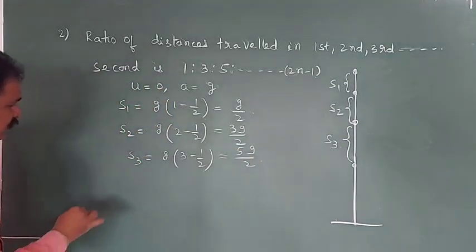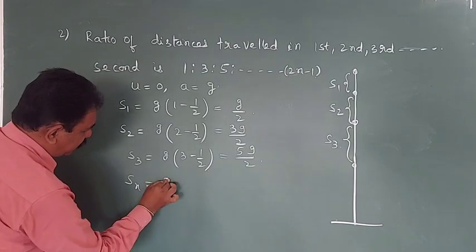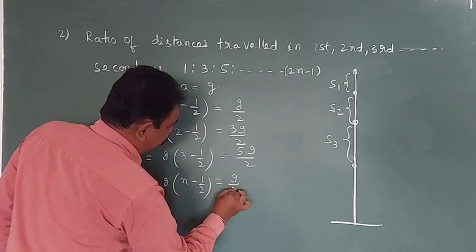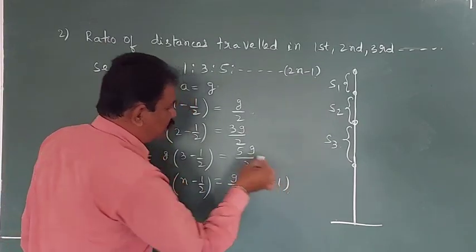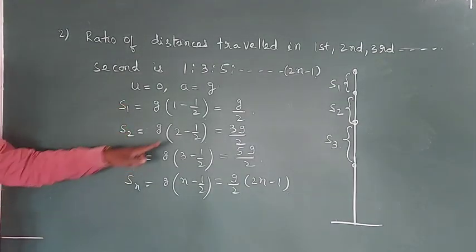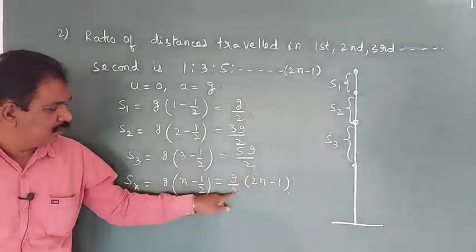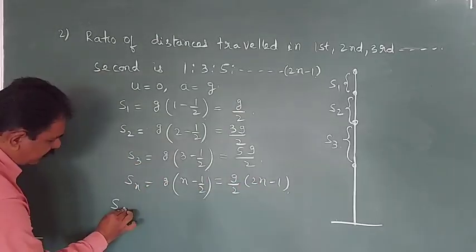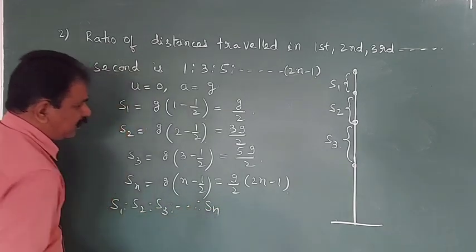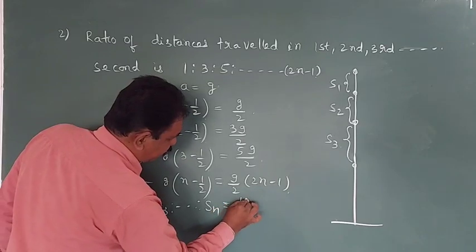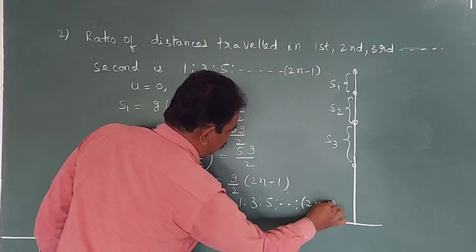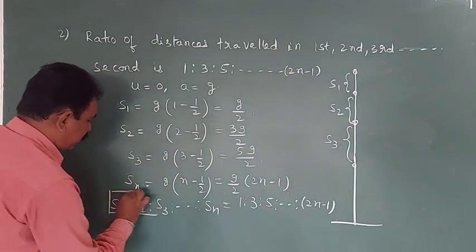Like this, Sn is g into n minus half, which is g by 2 into 2n minus 1. Clear? If you take the ratio, all the g by 2's will cancel. So s1 is to s2 is to s3 is to sn is 1 is to 3 is to 5 and so on, up to 2n minus 1 we will get.